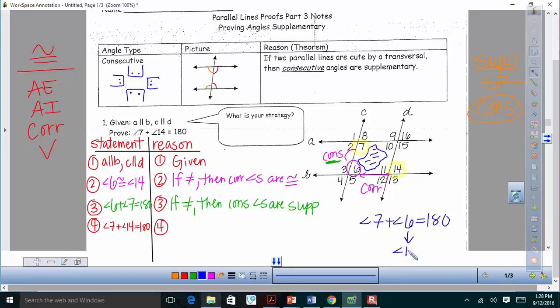Okay, we found that it was equal to 14. So I could take 14 and substitute that back in for 6, right? Yes. I can put it right here, and that means that angle 7 plus angle 14 would equal 180. Is that our proof? Yes. So by what did we prove that? Substitution.